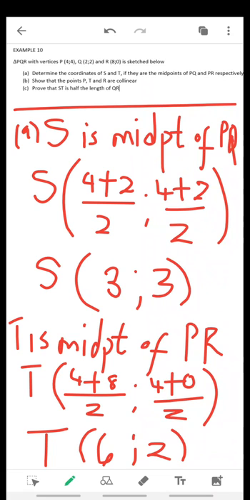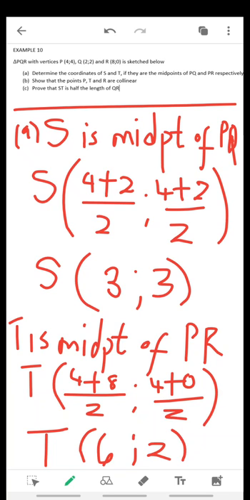What does it mean? It means S is the midpoint of PQ and T is the midpoint of PR in that order. All right. So S is the midpoint of PQ, meaning I'm going to use the coordinates of P and Q to find S as the midpoint. Therefore, I found that S was (3, 3).